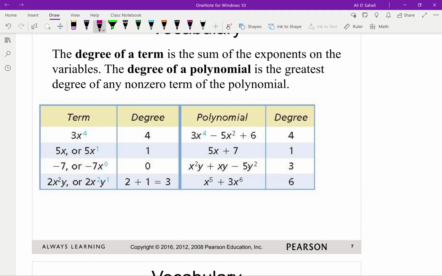The variables raised to whatever power. This is x to the power 2. This is y to the power 1. So this term is a third degree term. Then the second one, x to the power 1, y to the power 1, so it's a second degree term. And the last one is y to the power 2, so it's a second degree term. The largest one is this. So this is a third degree polynomial.